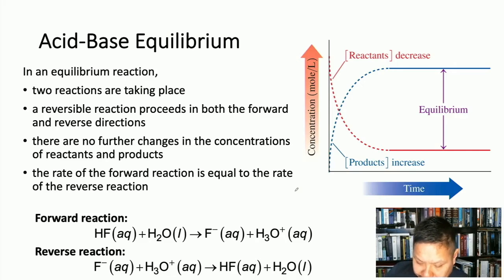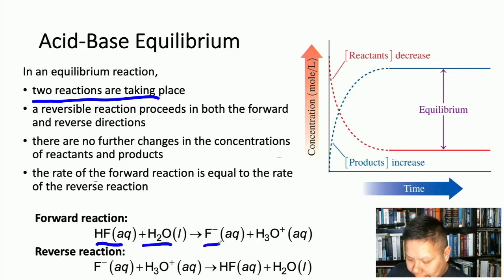So, in an equilibrium reaction, two reactions are taking place, right? There's the forward reaction, and then there's the reverse reaction, right? In the case of a weak acid, your forward reaction is, for example here, hydrogen fluoride combining with water to make fluoride ion and hydronium ion.